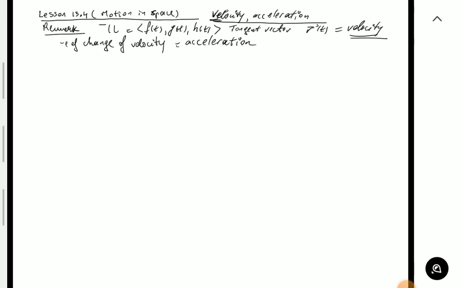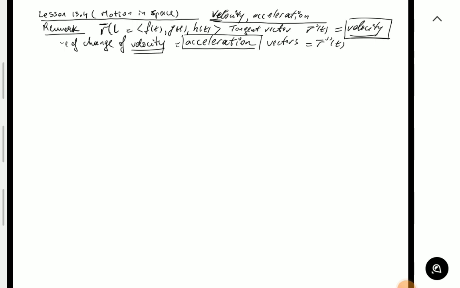But from now on in this class, let's try to be picky and not confuse the vector with the magnitude. Both of these are vectors. And of course, the rate of change of the velocity is going to be the second derivative of the original vector function.